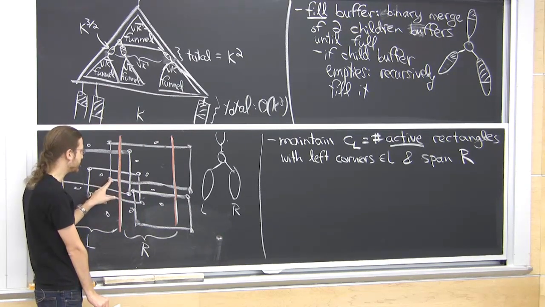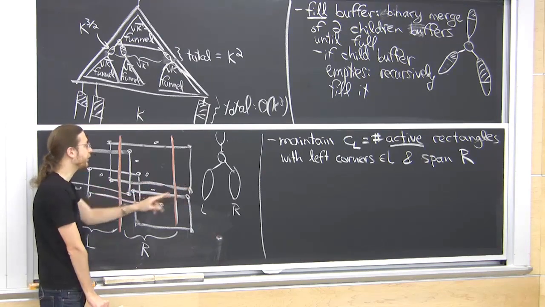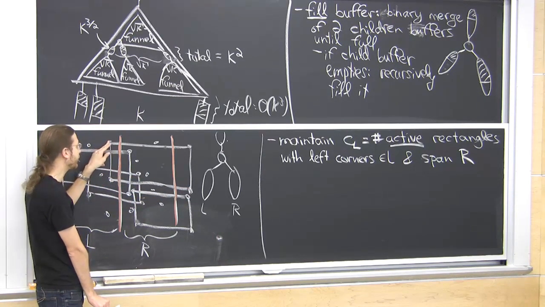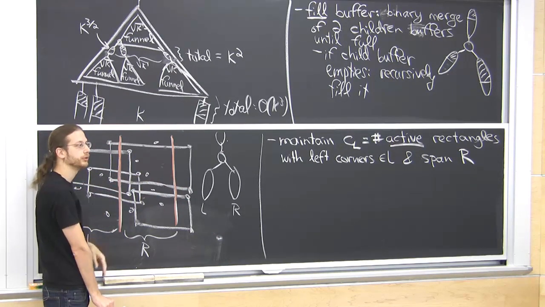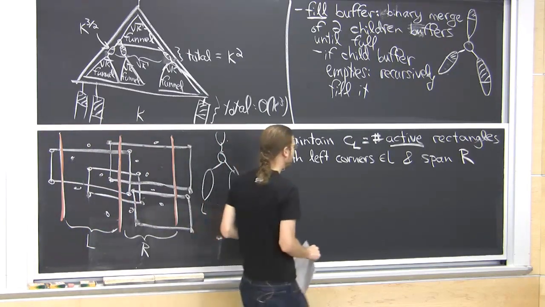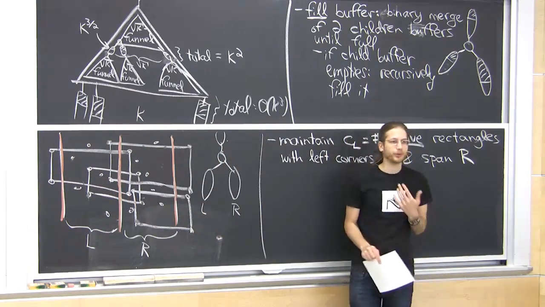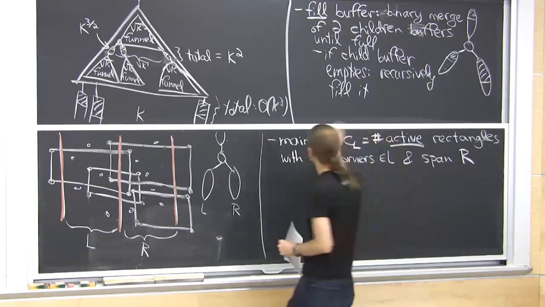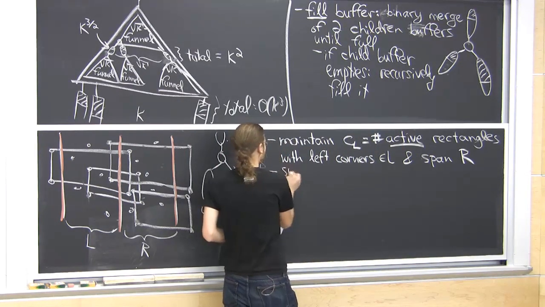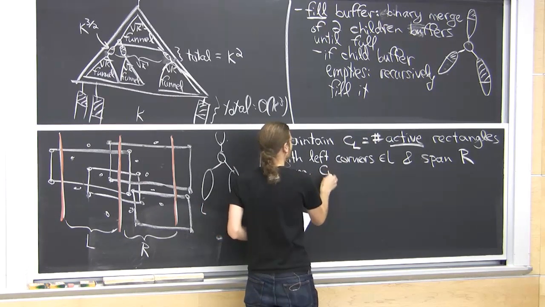By the time we get to here, this one goes all the way across R, and so we increment CL. And when we get to the upper left corner, we decrement CL, saying that rectangle's over. So it's very easy to do in constant time, and it's only going to be 1 over B memory transfers per one of these because it's a nice cheap merge. And then symmetrically, we do CR.